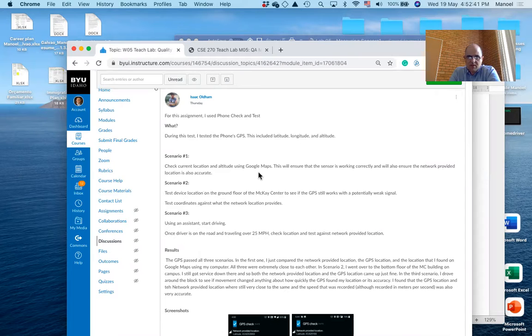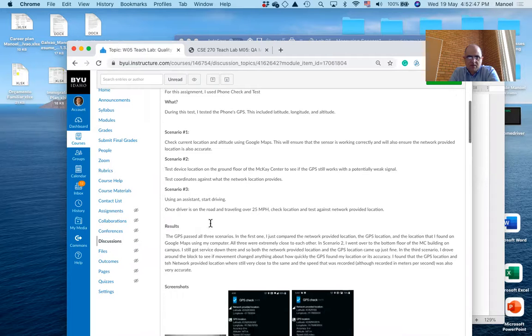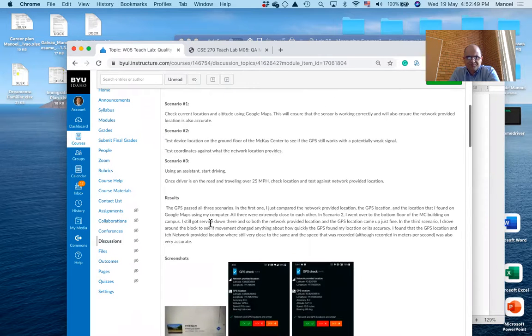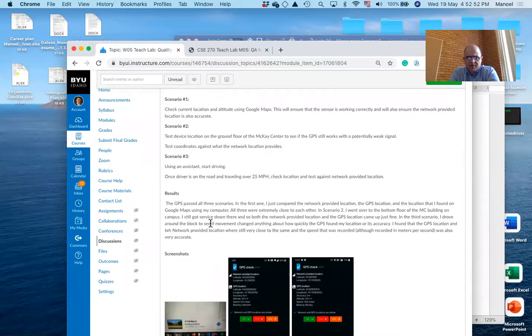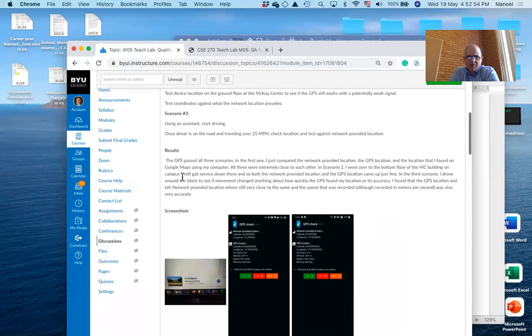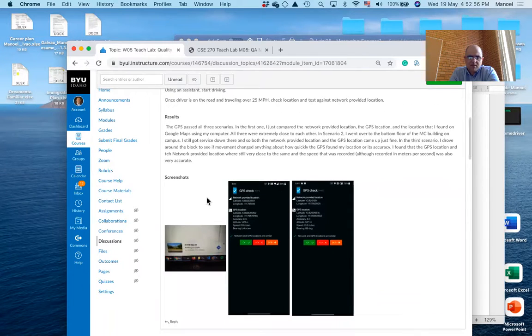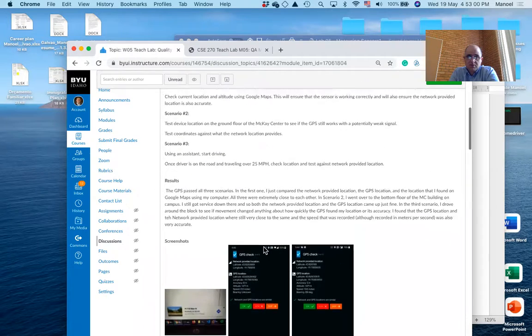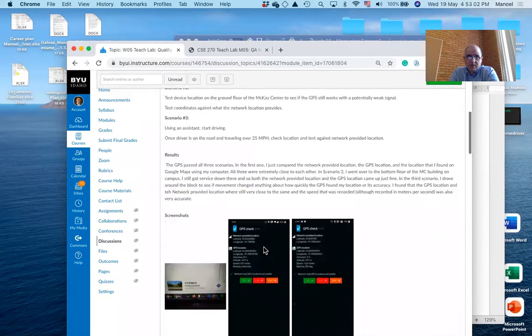One scenario is comparing with Google Maps. The other is different floors in the building. The third was compared with another system, and then we have the results here. He even put some screenshots, and it's really good. It's pretty straightforward, and I like this one.